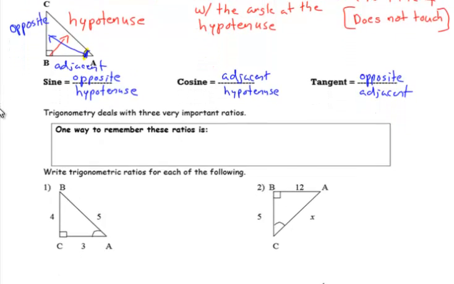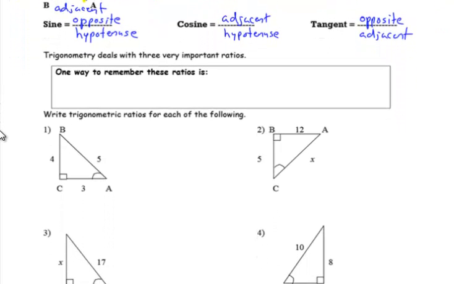Now there are a few different ways that people go about remembering this. One way to remember it is: Tom's old aunt sat on her cat and hollered.